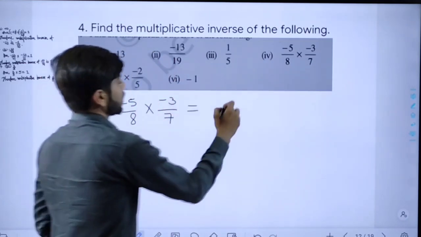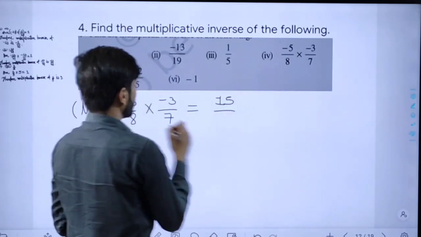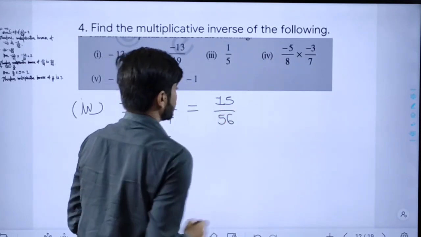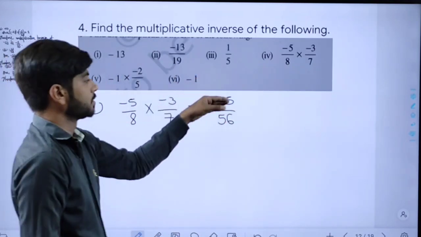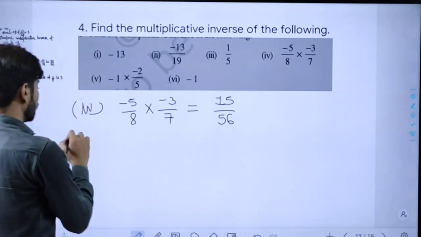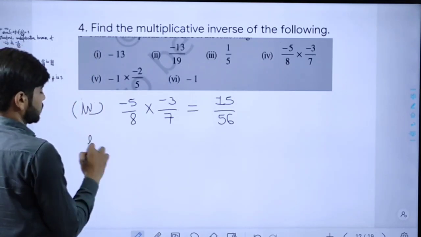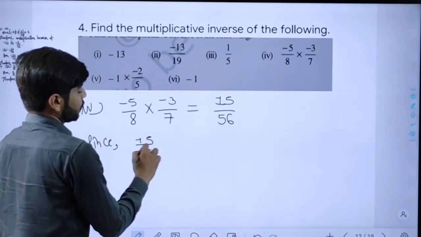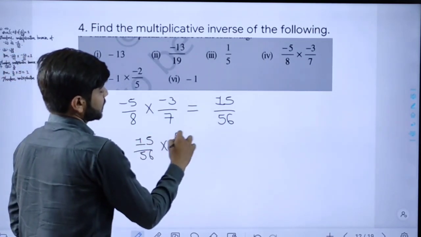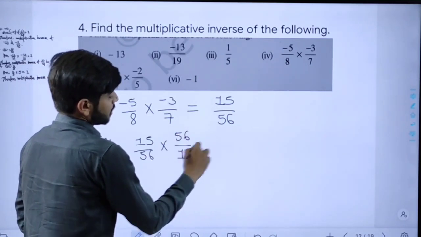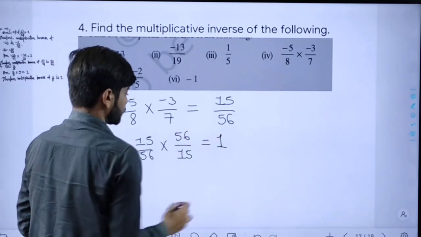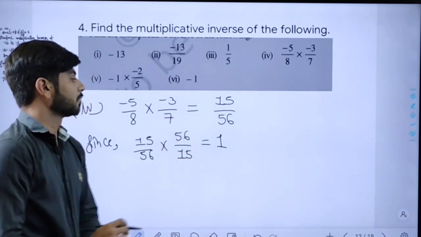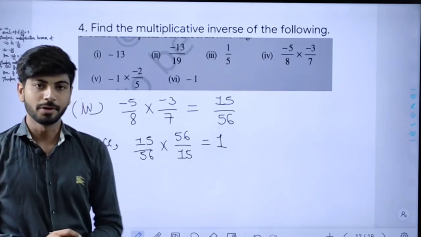We will get 5 3s are 15, minus minus plus, and 8 7s are 56. Okay, now we have to give the answer for 15 upon 56. So what will be the multiplicative inverse? Since 15 upon 56 multiplied with 56 upon 15 gives 1, because 56 will be cut, 15 will be cut, nothing will remain, so it will be 1.